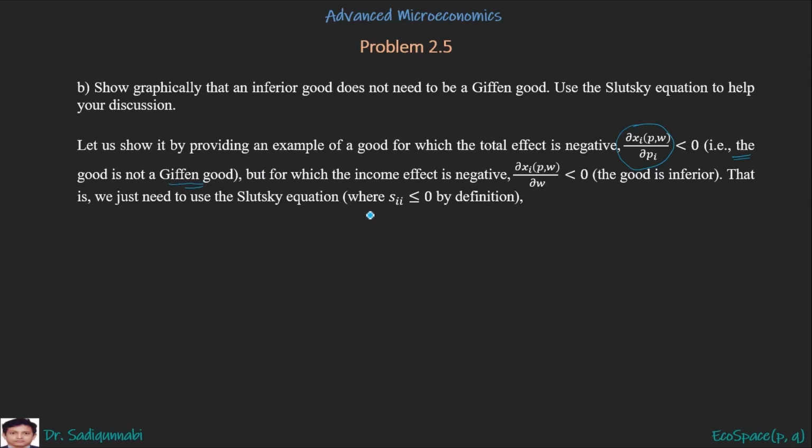If the good is not a Giffen good, but the income effect is negative, that means it is an inferior good. We just need to use the Slutsky equation, where SE, the substitution effect, is negative by definition.